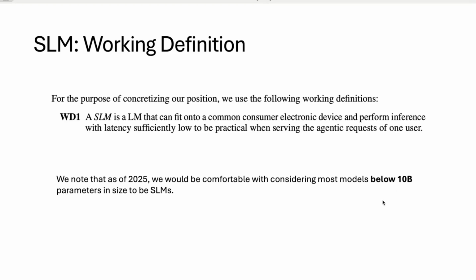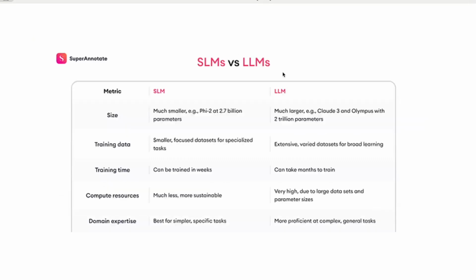But let's say around 10 billion or below, we will consider it an SLM. And I believe this threshold is going to increase because the hardware is also going to progress and is able to hold models with larger parameters, so this threshold will probably increase in the upcoming years. Okay, so that's the working definition.